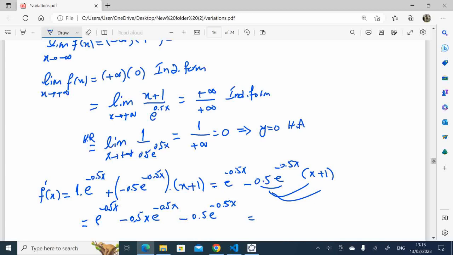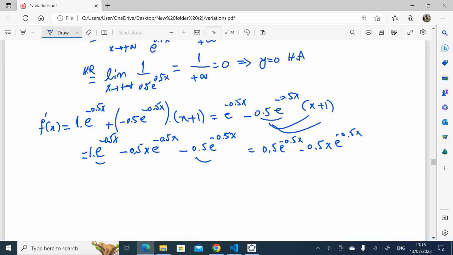We may add this term with this term, so here we have 1 e^(-0.5x) minus 0.5 e^(-0.5x), it's going to be 0.5 e^(-0.5x) minus 0.5x e^(-0.5x).